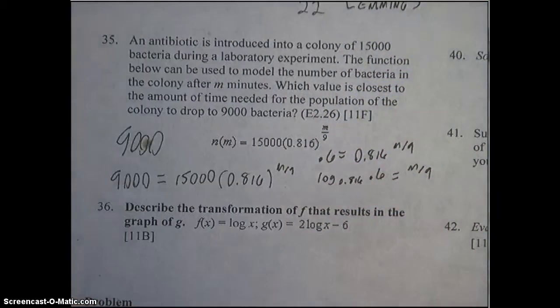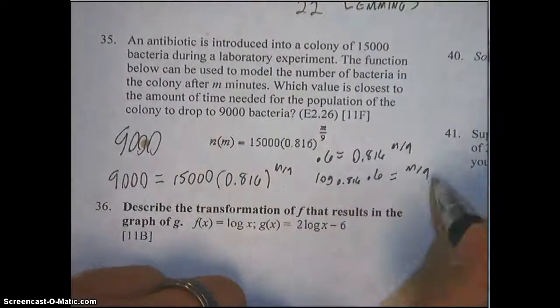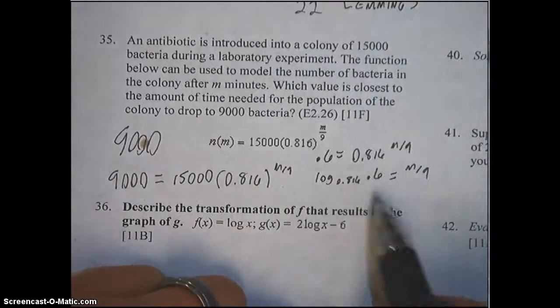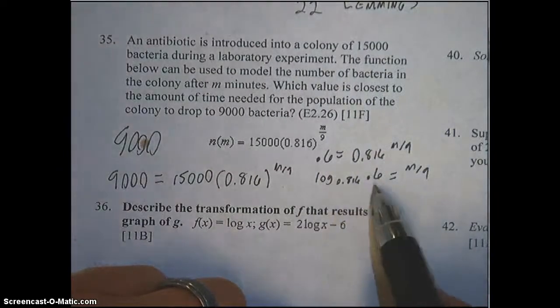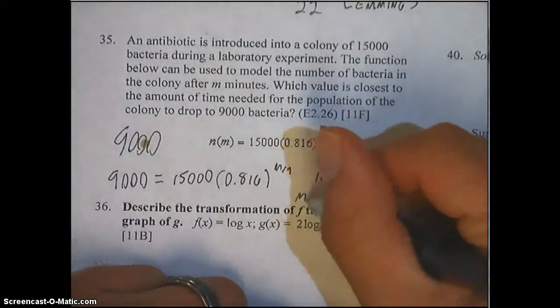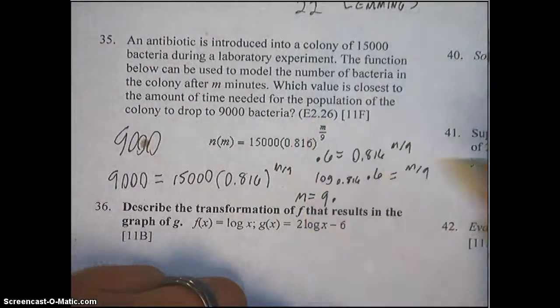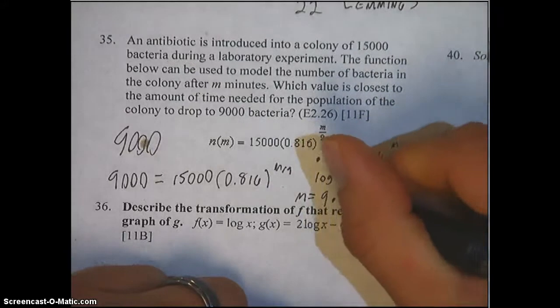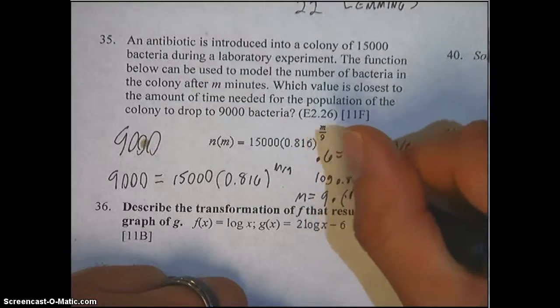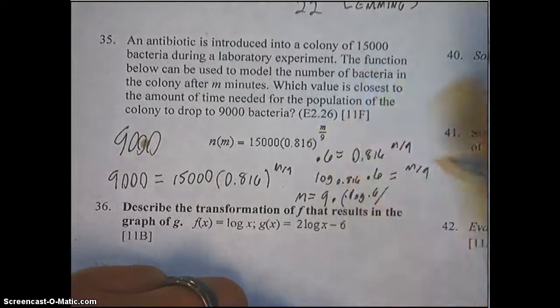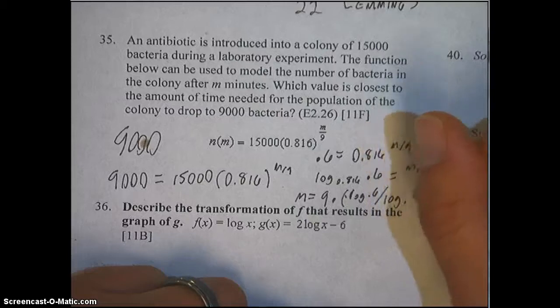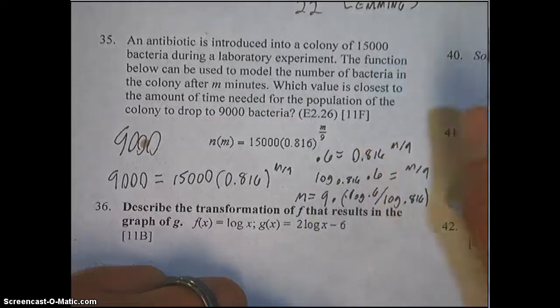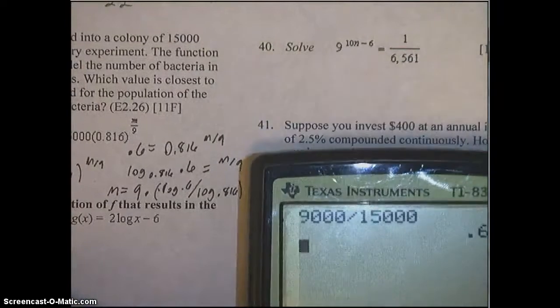So to get the m by itself, to get the number of minutes, we're going to multiply both sides by 9. But I also need to change the base here so I can type in the calculator. So m equals 9 times log 0.6 divided by log 0.816. And that's what I'm going to type in the calculator here.